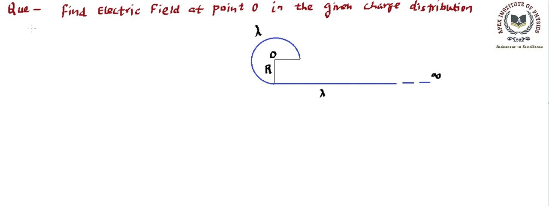So here is an example to use those correlations or results. The question says find the electric field at point O in the given charge distribution. So here we have been given 3/4 of a ring and this semi-infinite linear charge.